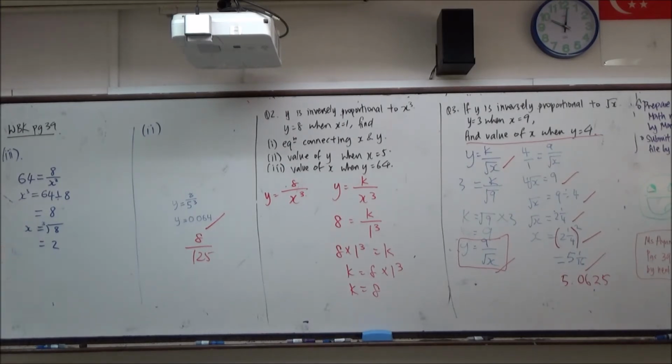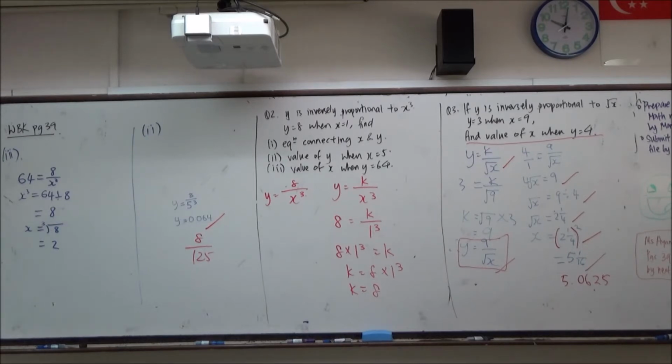Who agrees that x is equal to 2? Who disagrees that x is equal to 2? And the rest then? Oh no, then what do you get? 2. Who gets 2? X equals 2. Who got something else?